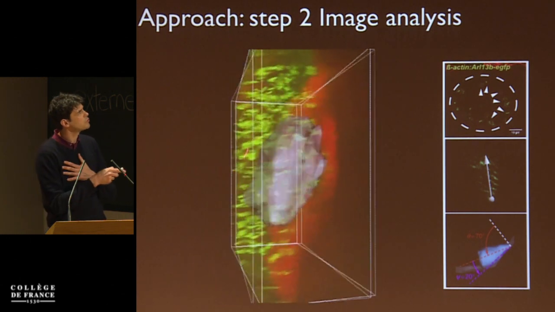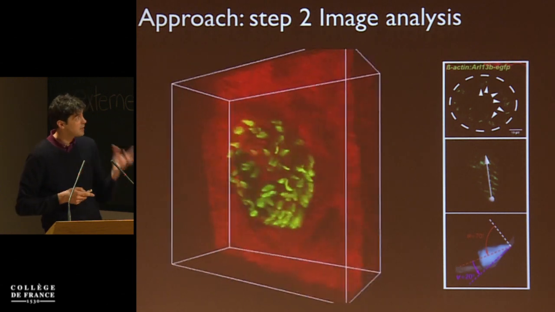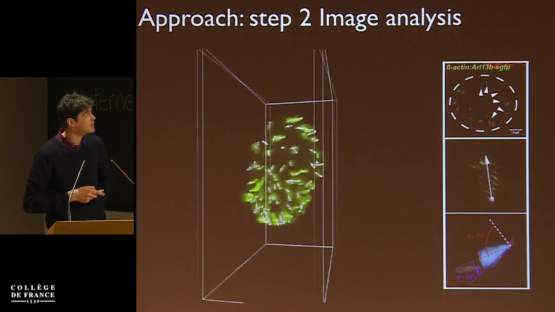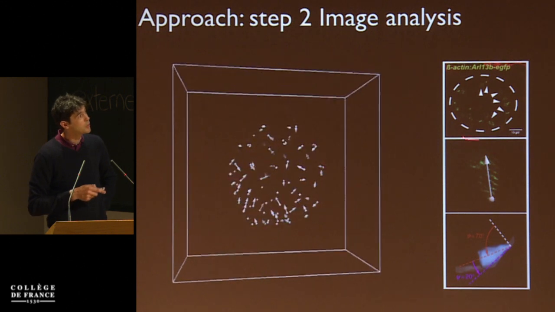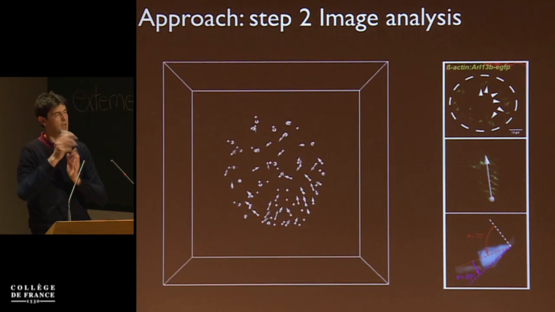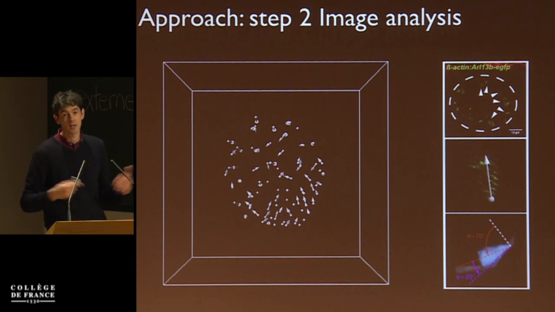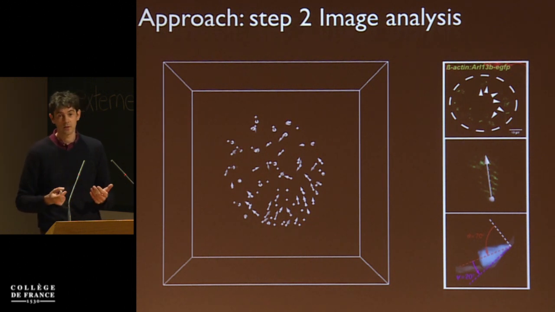So basically, we need to segment the vesicle itself first to make sure that we analyze only the cilia that are within the vesicle. And then using this shadow, we can create a vector from the base to the outside of the cilium itself. And then we simply collect the 3D information of its orientation.